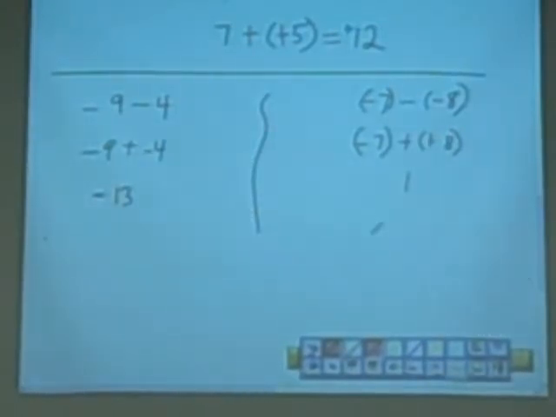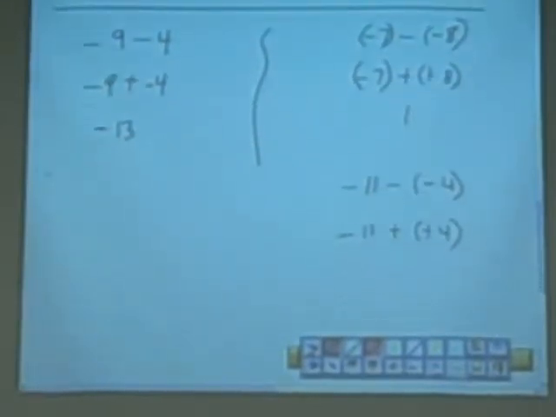Now, if we had, let's say, negative 11 minus a negative 4, and now we make the minus sign plus, change the sign of the next term.